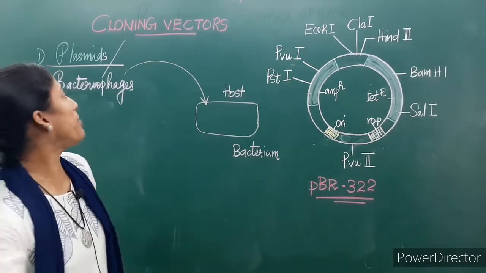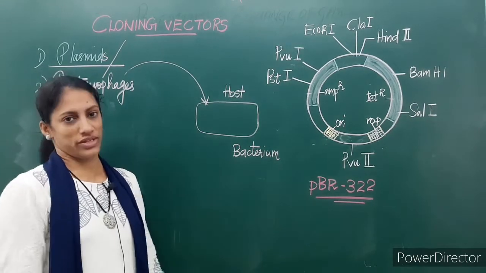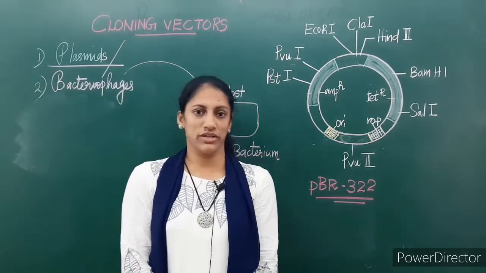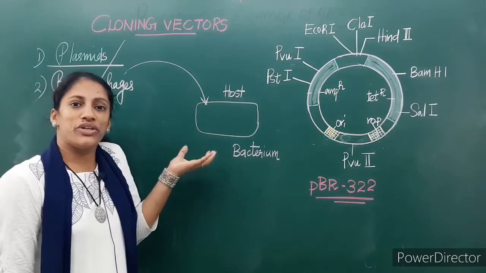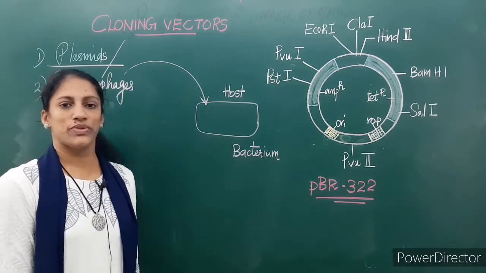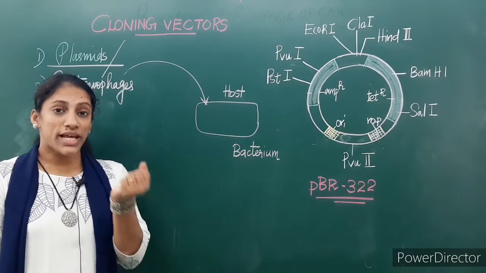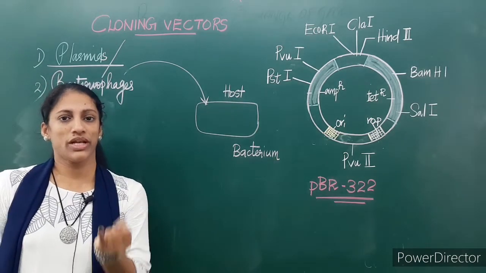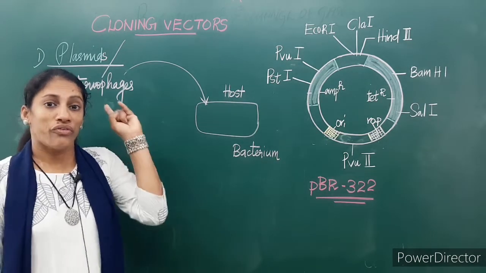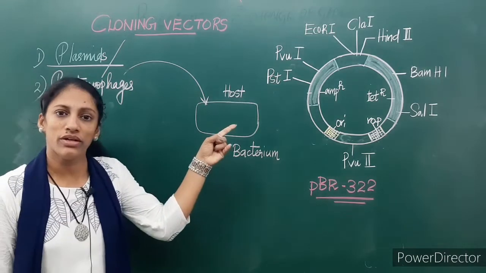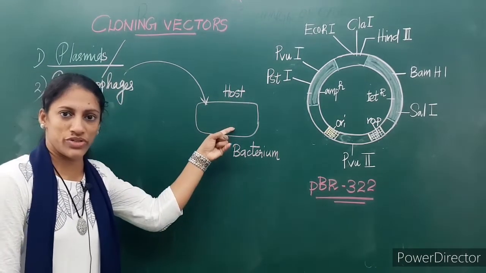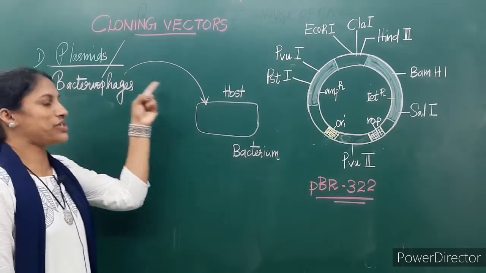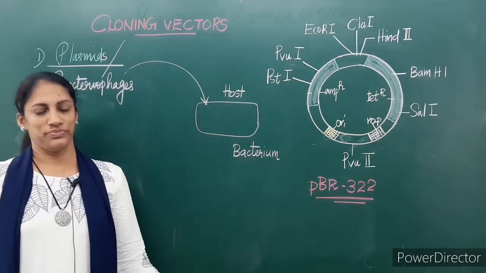When we compare plasmids and bacteriophages as the cloning vector, what is the main feature? Why can we use these as the cloning vector to bacterium? Tell me, what is the first characteristic which makes them fit to deliver a gene here? Why are plasmids able to deliver a gene here? Why are bacteriophages able to deliver a gene here?